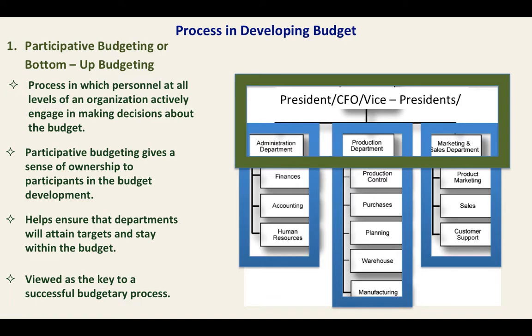If everybody agrees on the budget, it will be endorsed to the board. If the board approves, then that will serve as the budget of the company. So here you will note that the illustration indicates that there will be involvement on the development of the budgets of each office.